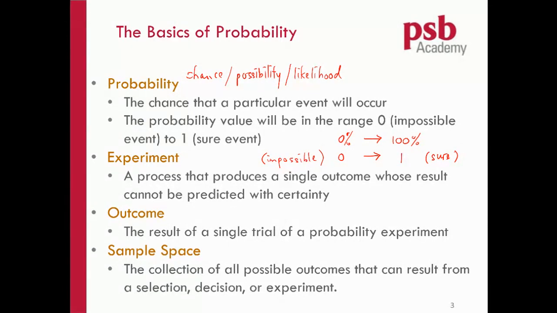You want to know, if I do this, what will happen next? So you want to know the result. Same thing in probability, we also have an experiment that we call a probability experiment. And this probability experiment is not as complicated as the scientific experiment in the lab.